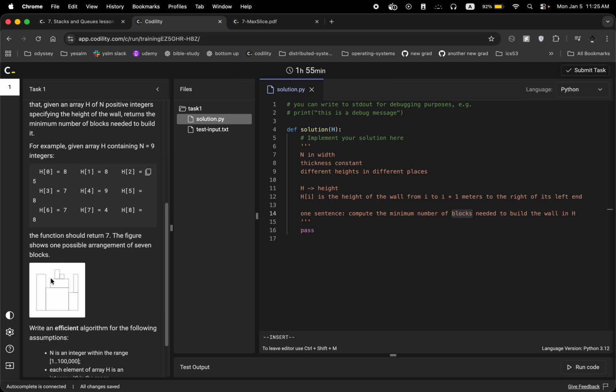I'm assuming this is 7. 5, 7, 9, 8. So this one's 8. Wait, we have 8 and then 4. So this is 9, 9 right here, 8 right here, and then 4 right here.